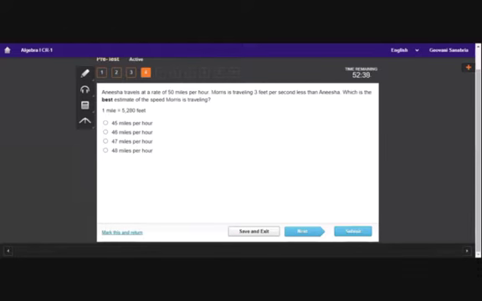How do we do that? Oh, 1 mile is equal to 5,280 feet. So it's going to be some kind of decimal.